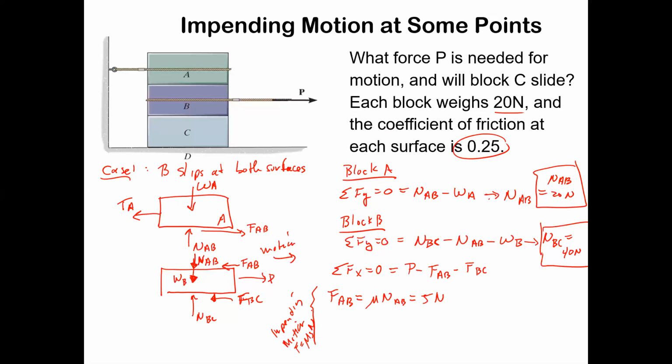And also F_BC equals mu times N_BC, which is going to equal 10 newtons. And so adding those up, that tells us that P is going to equal 15 newtons. So that's the force that we would need to pull on the block if it was going to slip out between both of them.